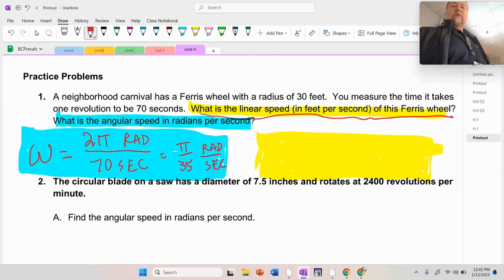What's linear velocity, which we use with a v? It is the arc length, which is 2 pi r. Here's r, so it's r times 2 pi, right? 2 pi r, a full revolution in 70 seconds.